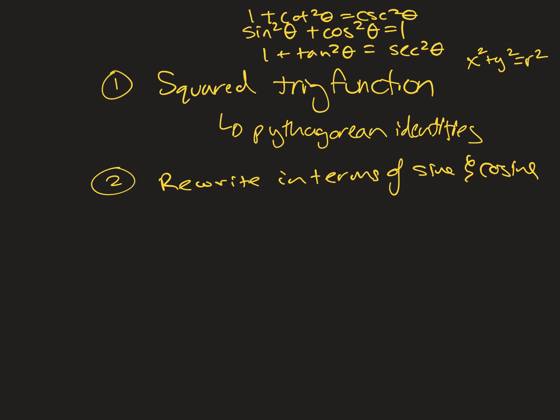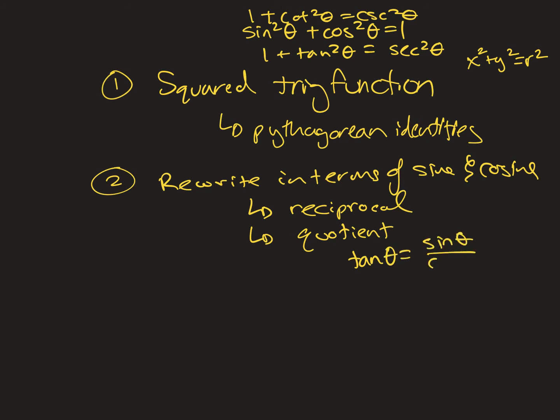One thing you might think of, this would come up when you're using reciprocal identities. Like if I have cosecant theta, I can replace that with 1 over sine theta. Or also the quotient identities. So don't forget those. The quotient identities are tan theta is sine over cosine, and cotangent is cosine over sine.